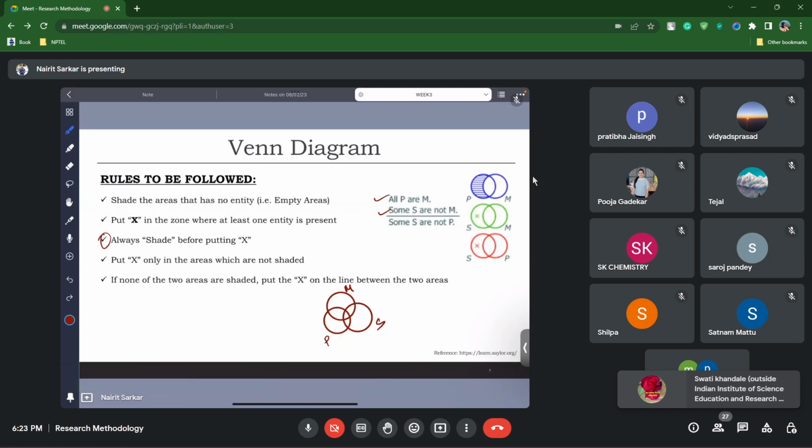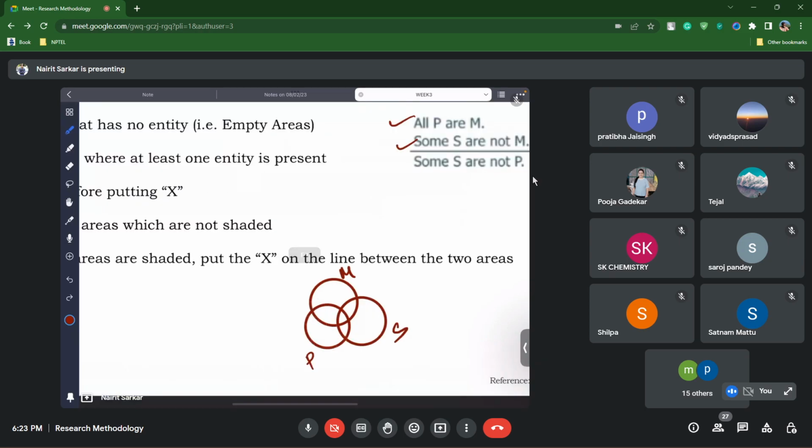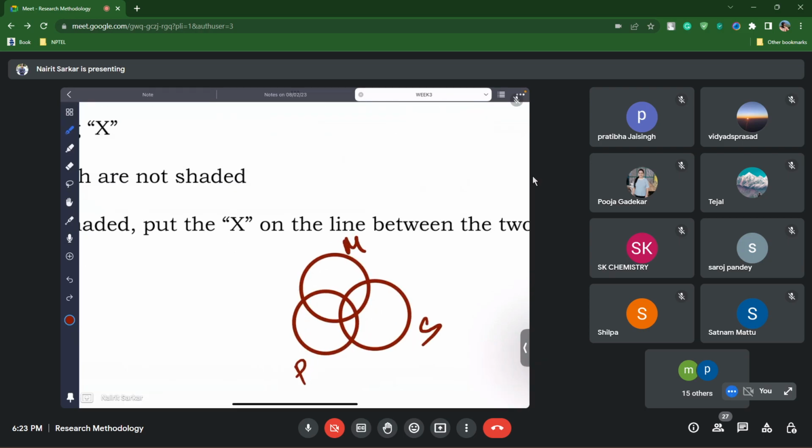But if you put first that some S are not M, for S and M, you don't know where to put the X, whether it is here, here, or here.